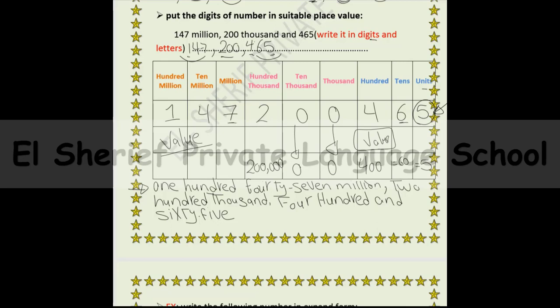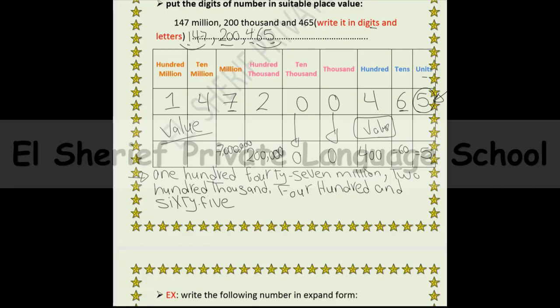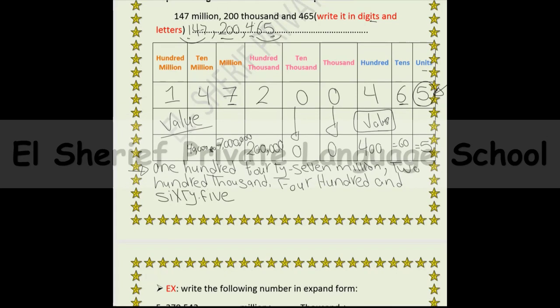Value of 7 in million equals 7 million, which has 6 zeros. 4 in 10 million equals 40 million, 40 and 6 zeros. And 1 in 100 million equals 100 million, 1 and 8 zeros.